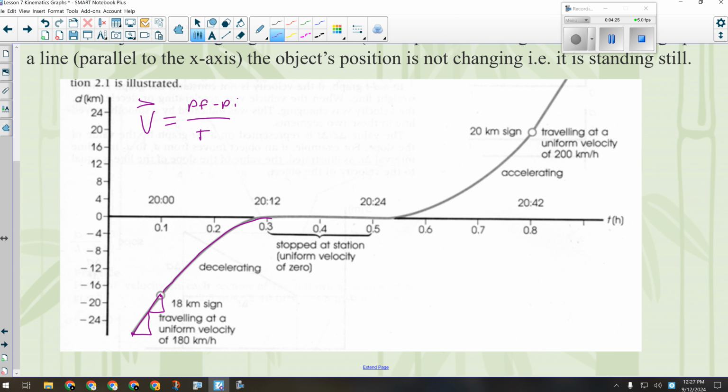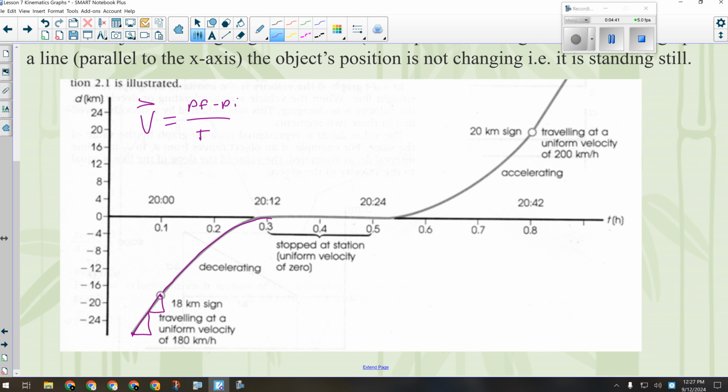Back here, the slope was constant. What's happening to the slope of the line here? It's bending. Is it getting flatter or steeper? Flatter. It's getting flatter.